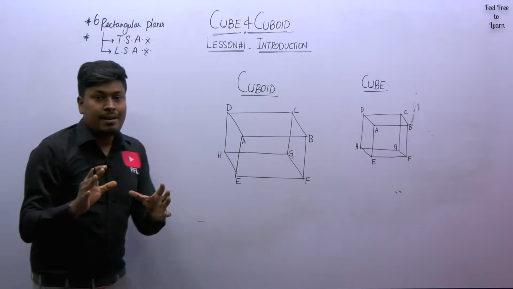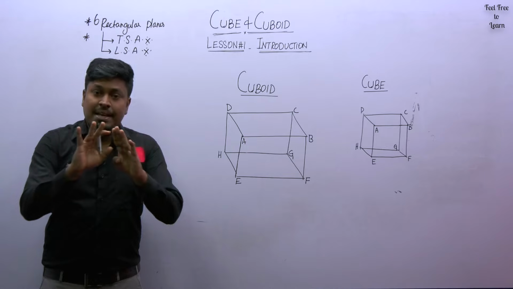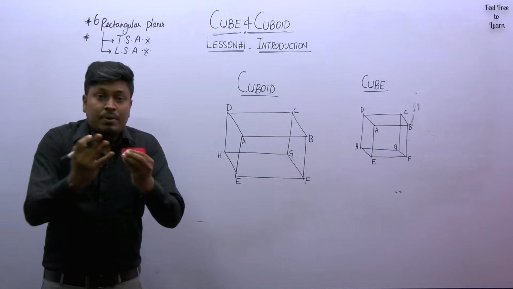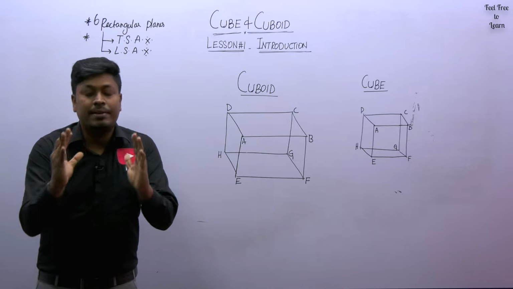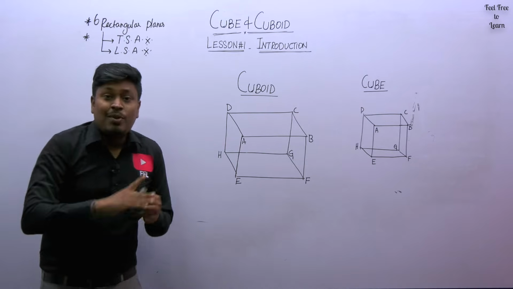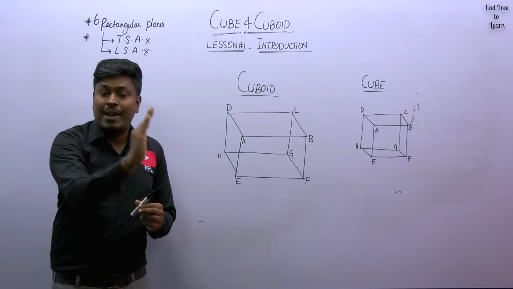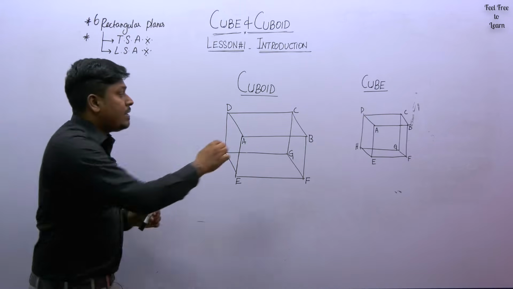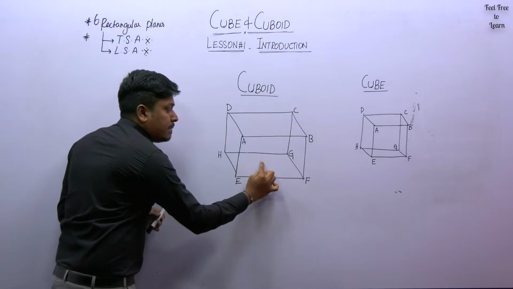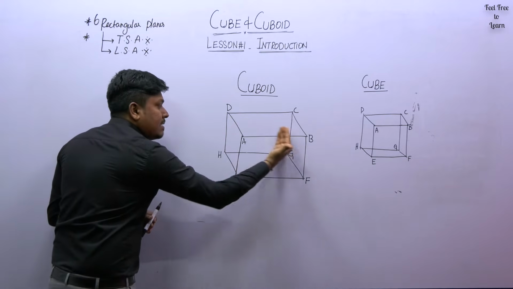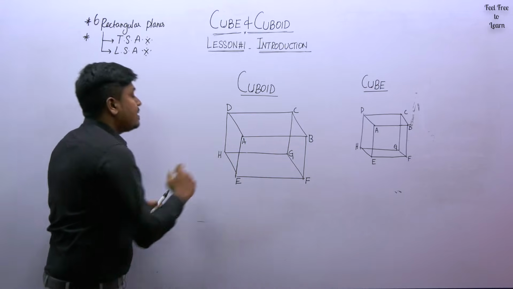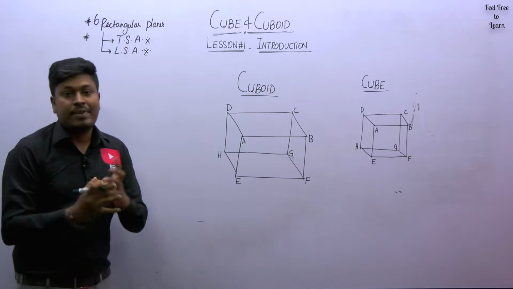So friends, listen here, if you take a cuboid, it is surrounded by 6 planes. If you take all the 6 planes, it is called the total surface area. If you take only the surrounding parts, for example, if you eliminate the top and the bottom rectangular parts and take only the surrounding 4 planes, it is called the lateral surface area.